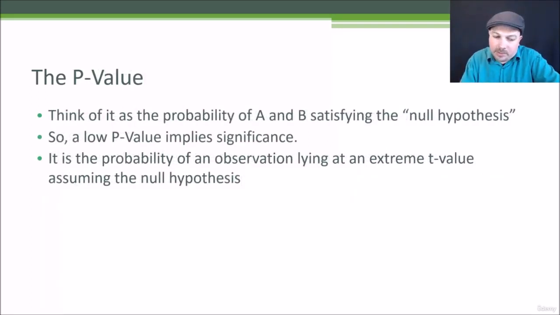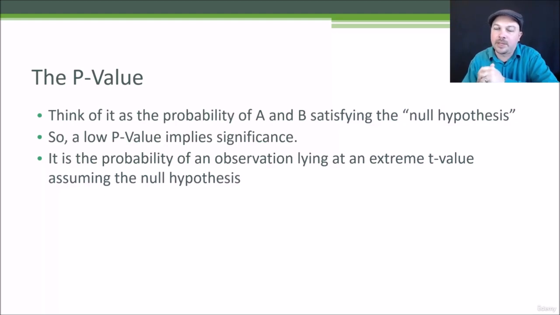Now, it's a lot easier to talk about p-values than t-statistics because you don't have to think about how many standard deviations we're talking about and what the actual value means. The p-value is a little bit easier for people to understand, which makes it a better tool for you to communicate the results of an experiment to the stakeholders in your business. So the p-value is basically the probability that this experiment satisfies the null hypothesis.